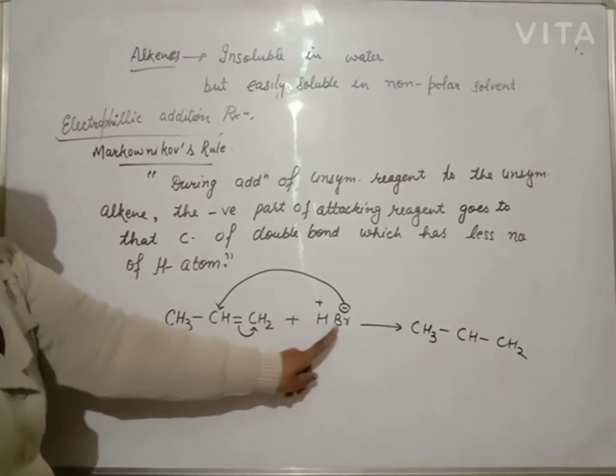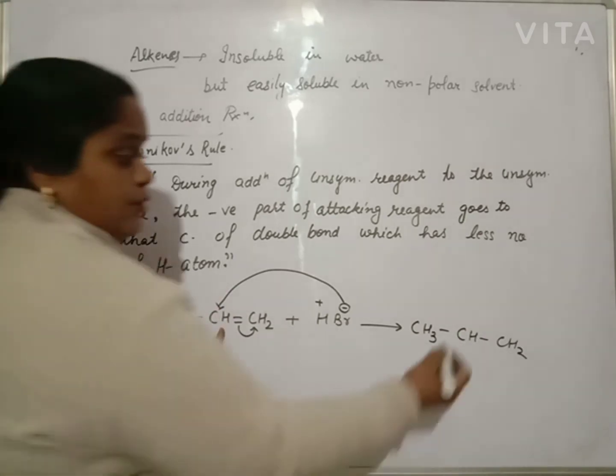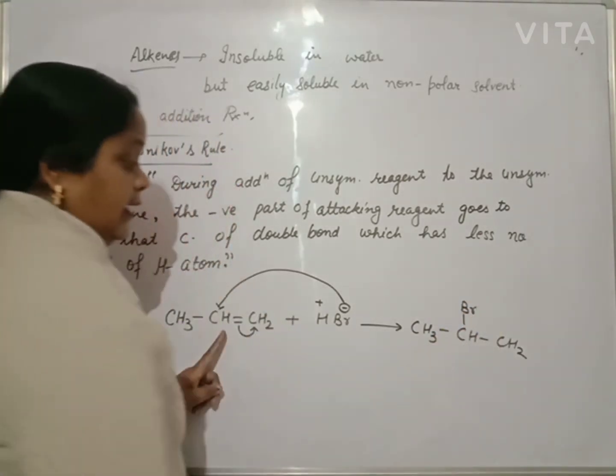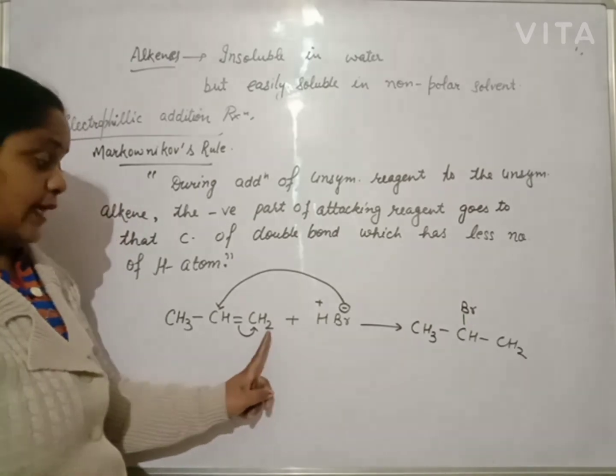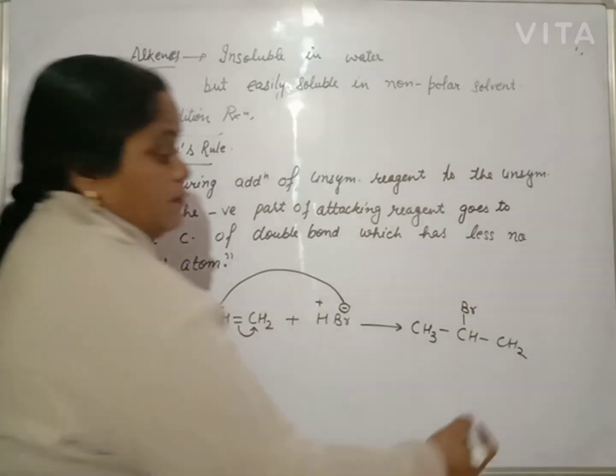Clear? Negative part goes to less number of hydrogen atoms, and positive part goes to that carbon which has pi electrons.